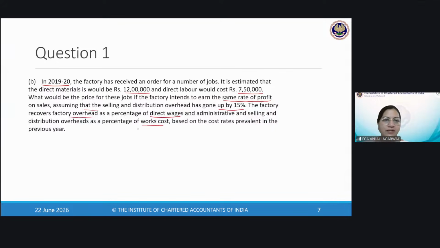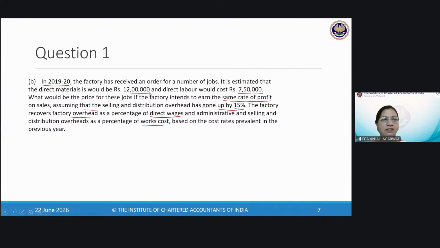Selling and distribution overheads are a percentage of works cost, and there has been an increase in selling and distribution overheads by 15%.